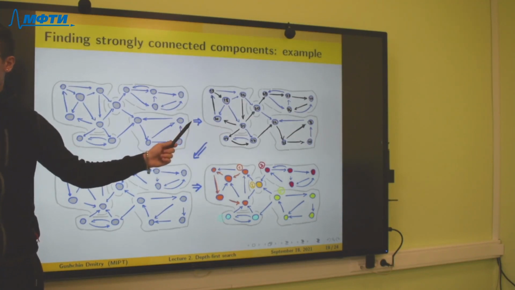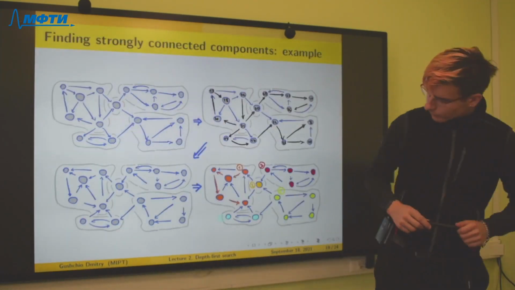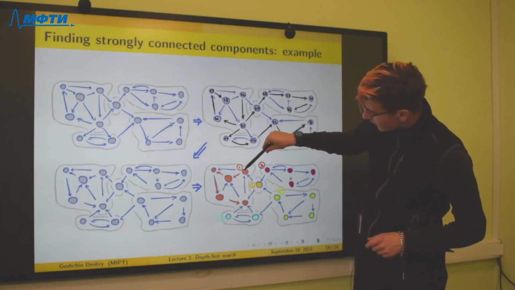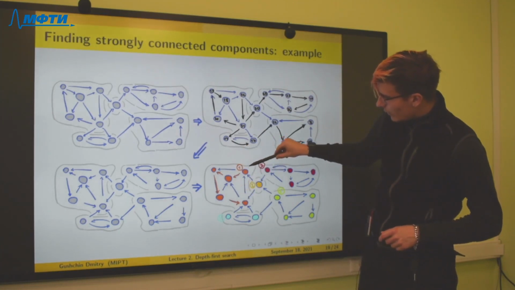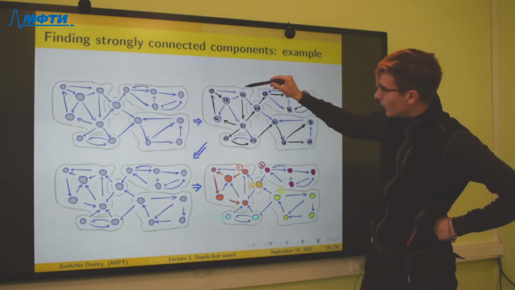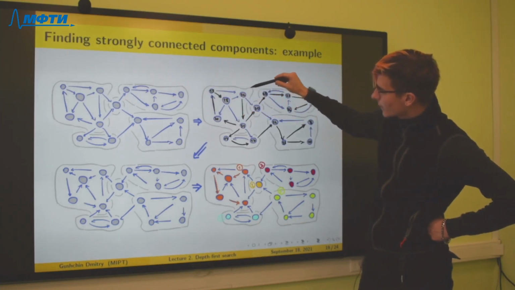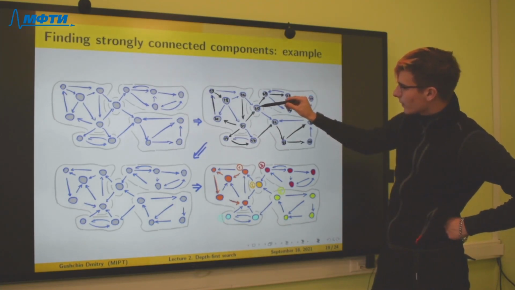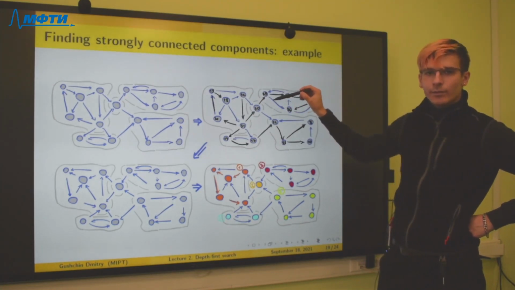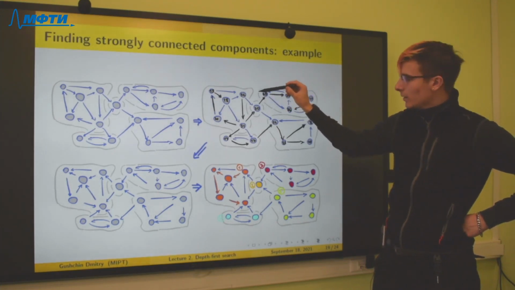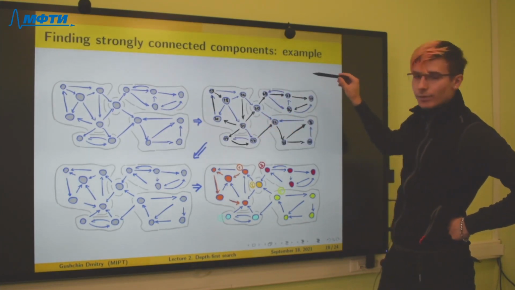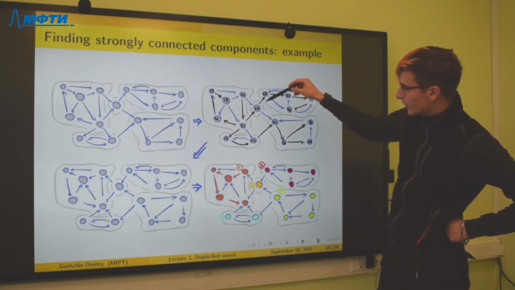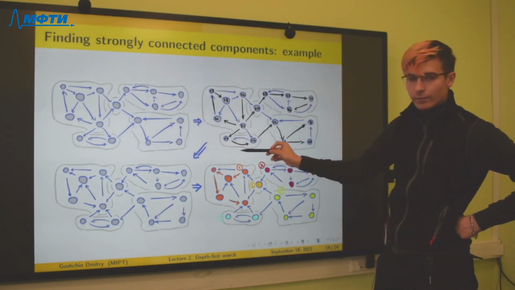Then, when we end the DFS visit, we see that we visited these vertices, and we have 30 as the biggest number in another component of the graph that we didn't visit earlier.